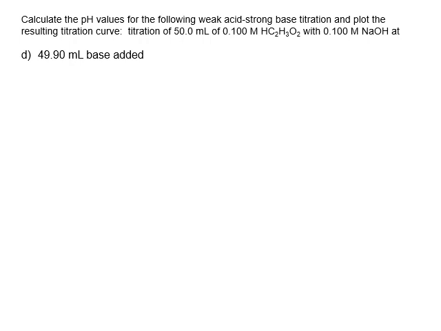So let's continue. Part D asks to find the pH when we've added 49.9 milliliters of the base. Remember that we've already decided that our equivalence point should be at 50 milliliters of added base. So at 49.9, we're just shy of the equivalence point.